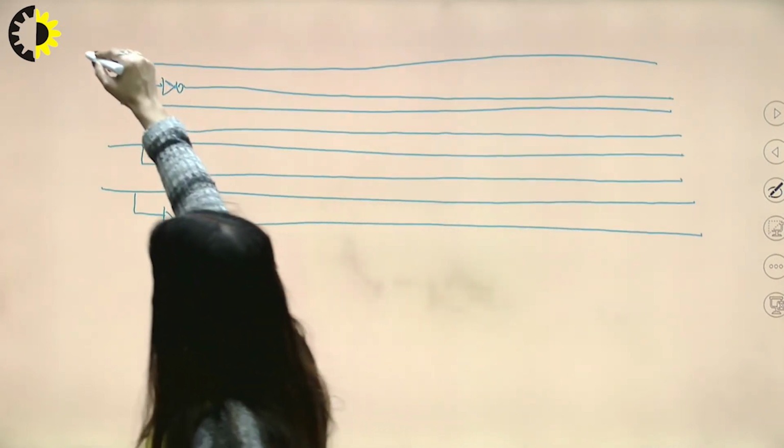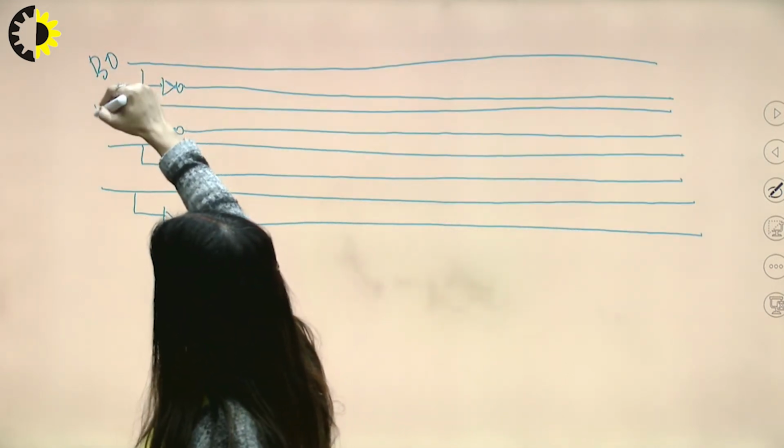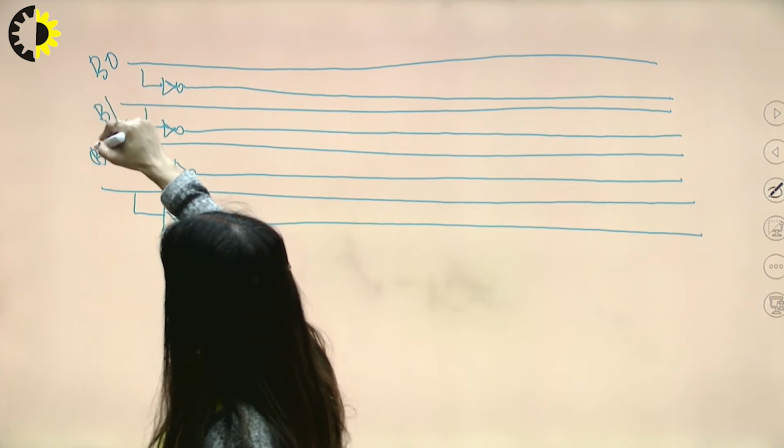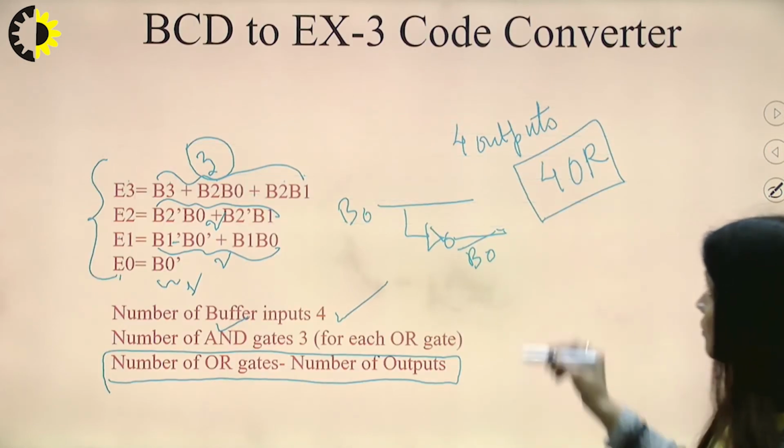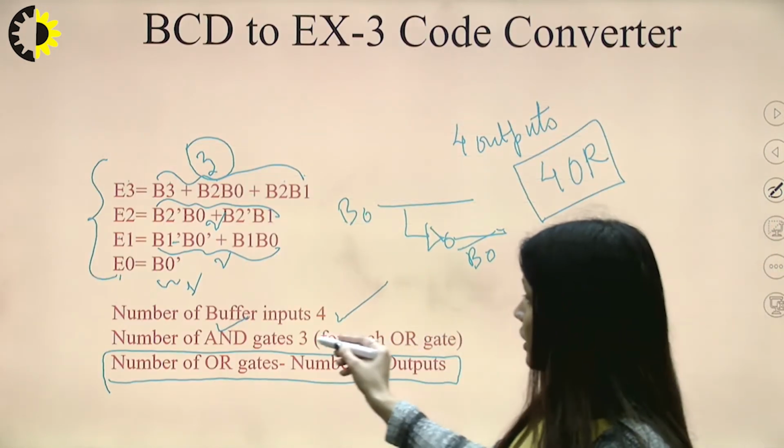We will mention them here. Four OR gates. Each OR gate is having 3 AND gates.